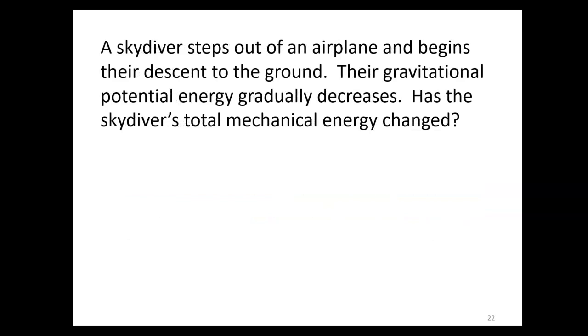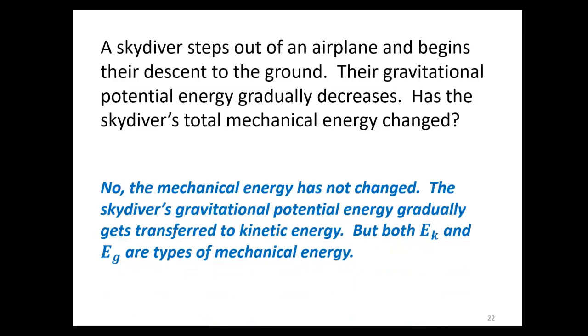And then the last one: a skydiver steps out of an airplane and begins falling toward the ground. We know that their gravitational potential energy is decreasing as their height gets smaller. Does that mean that their total mechanical energy has changed? No. Remember that there are 3 primary types of mechanical energy: gravitational potential energy, kinetic energy, and elastic potential energy.